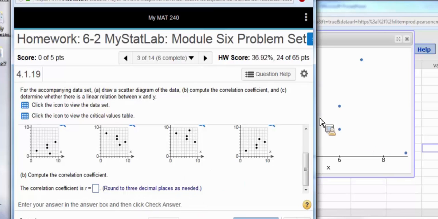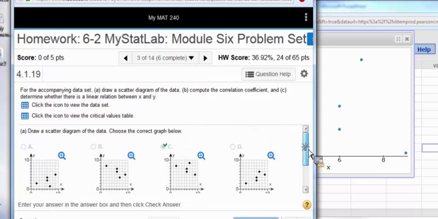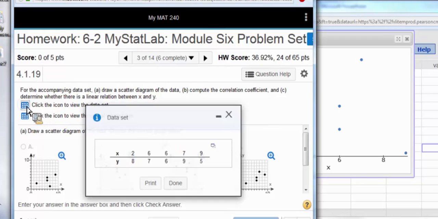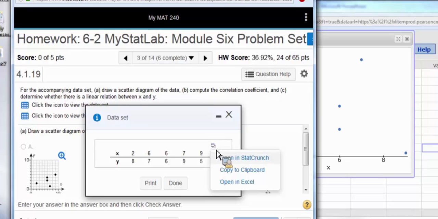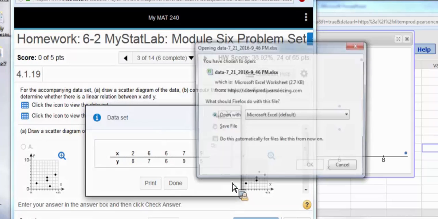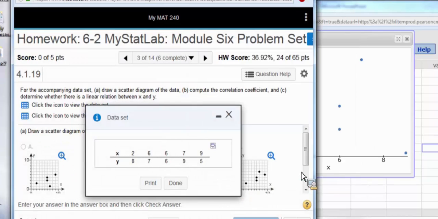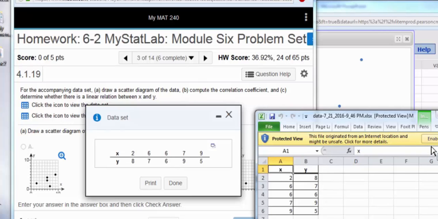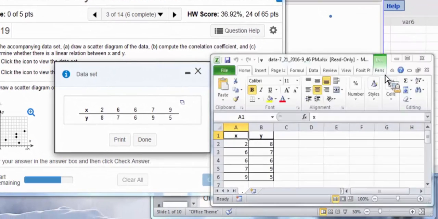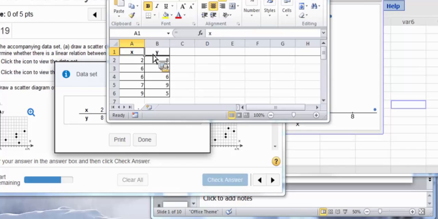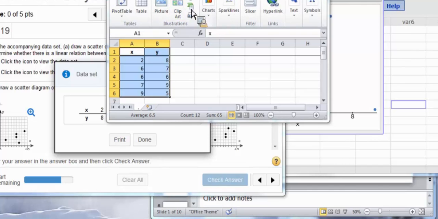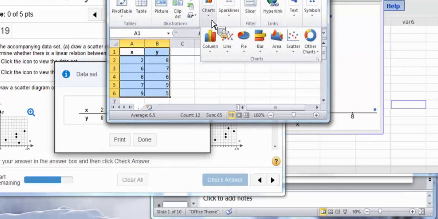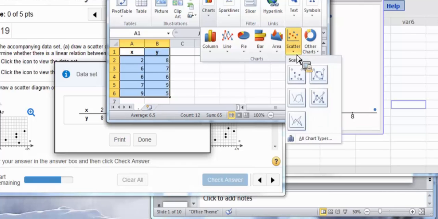Correlation coefficient. Actually, let me just do this real quickly in Excel, because this is not hard in Excel either. Click, click, open in Excel. So in Excel, you can highlight the X and the Y and all the numbers, insert, charts, scatter.